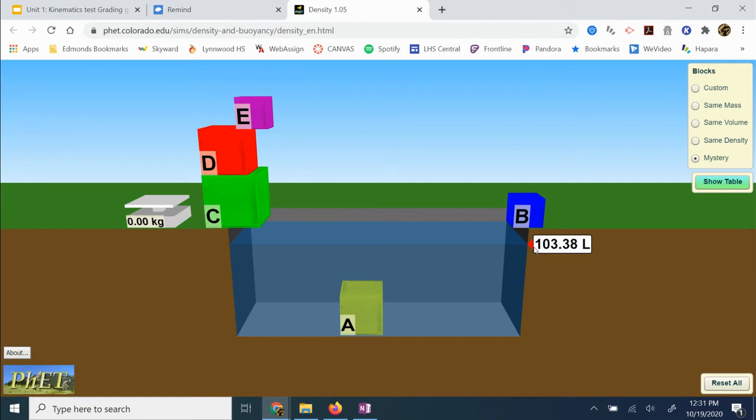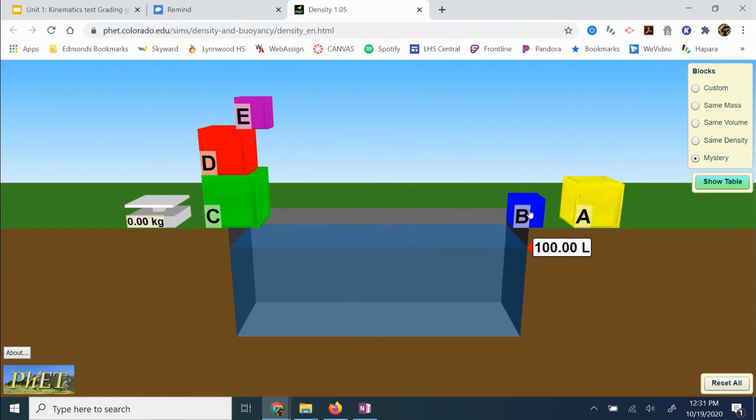So that means that the volume of A is 3.38 liters, right? Because we just need to know how much it went up by. It went up by 3.38. So just write down 3.38 for that.